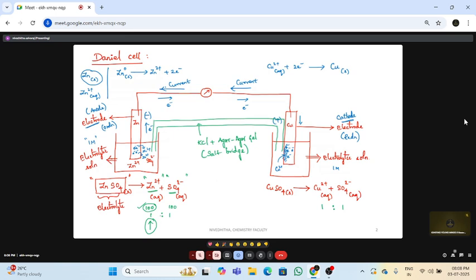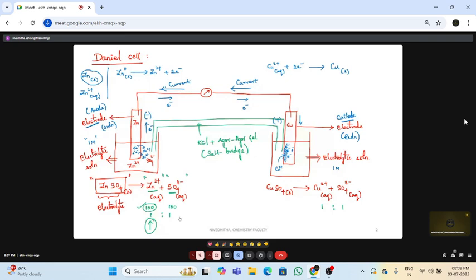Similarly, what is happening in the copper sulfate solution? Reduction, right? So during this reduction process, what happened? Which was getting reduced in copper sulfate solution? Copper is getting reduced.